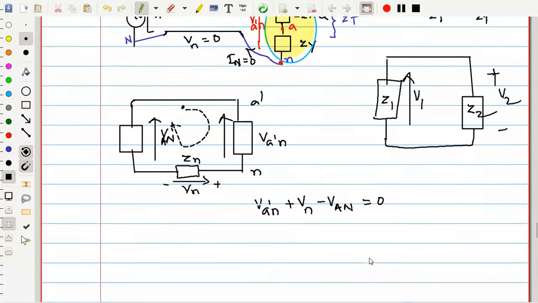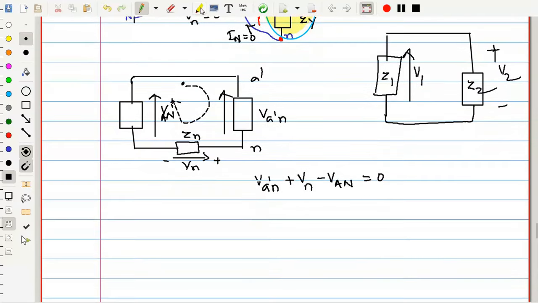Because we already saw that neutral voltage Vn is equal to 0, in that case V capital AN is equal to VA dash N. Is this clear now?